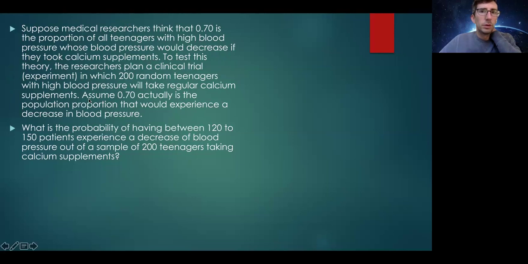So what we know we need to solve a question about proportions, right? The proportions aren't directly given to us, but they want to know the probability between 120, basically out of 200, so that's going to be one proportion, 120 people experience a decrease in blood pressure, to 150, our second p hat.